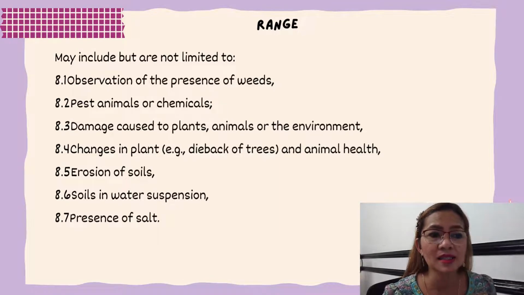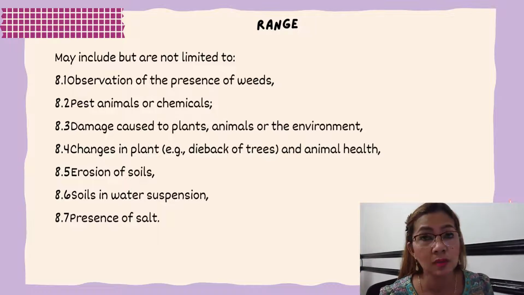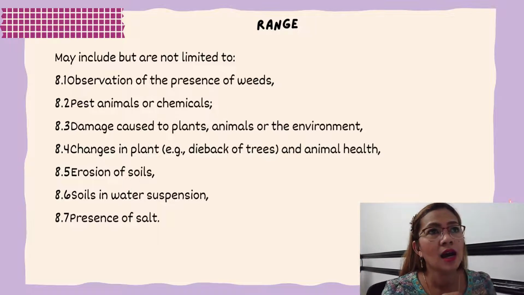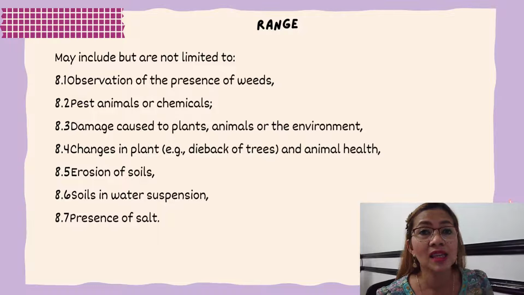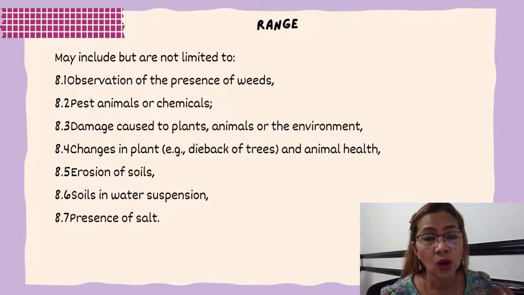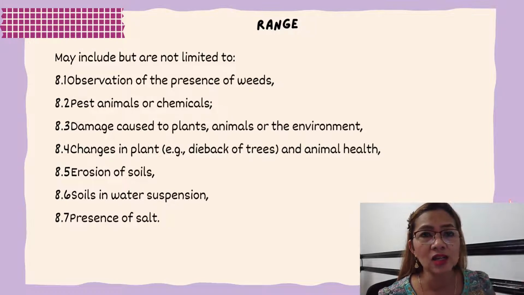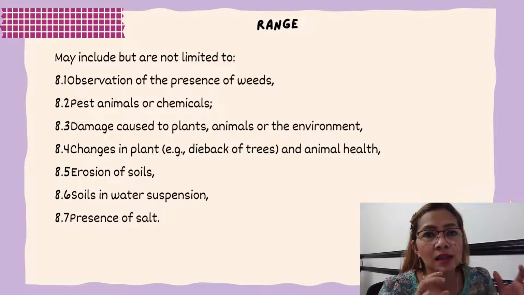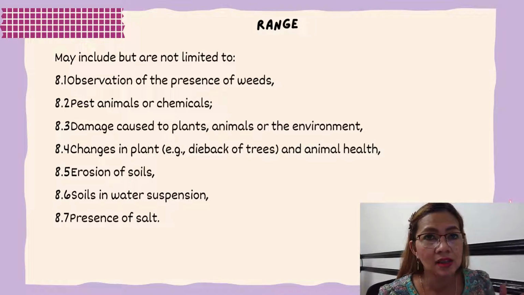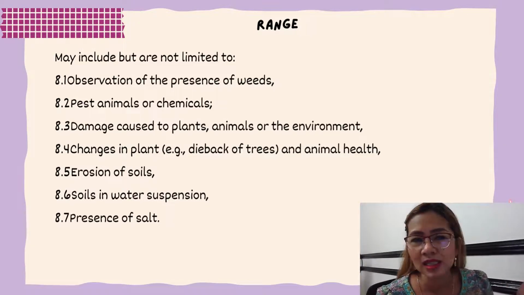Then pest animals or chemicals. If you have seen pest animals or chemicals in the kitchen, then you have to remove them, take them away from the kitchen, and label them so our learners or trainees will be aware that these are chemicals or these are pests. Or you just have to remove the pest.